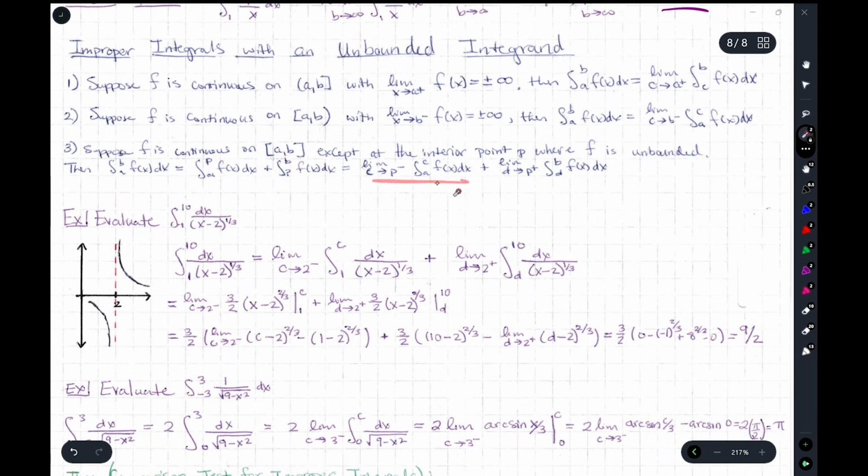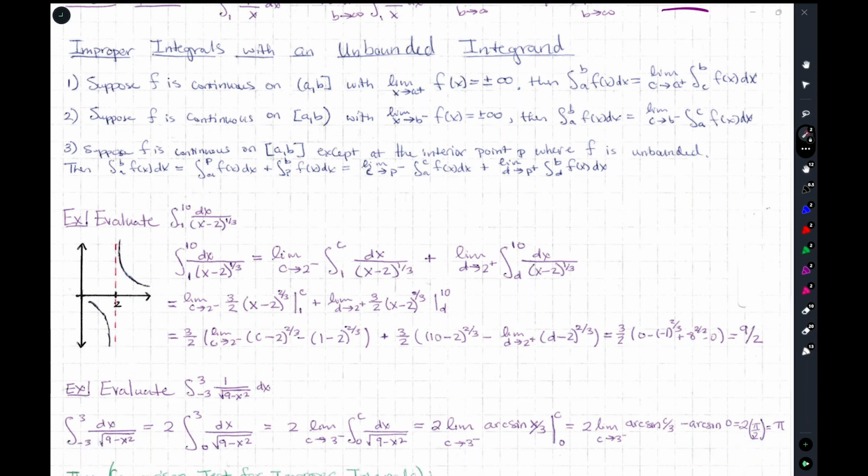Then you'll approach p from the left when you're integrating from a, and then you'll approach it from the right when you're integrating to b, okay?